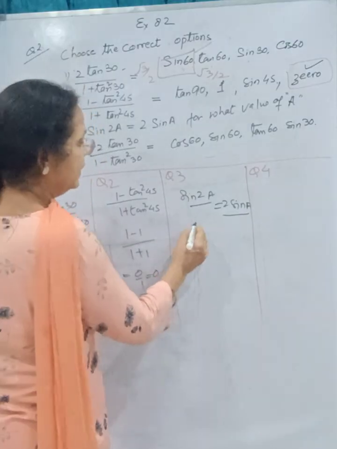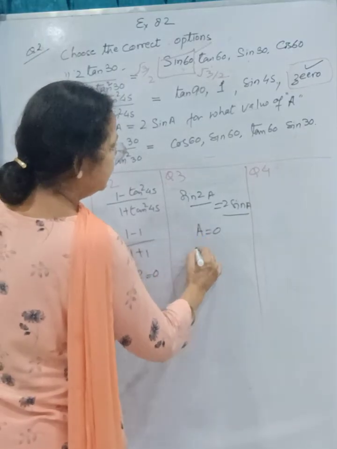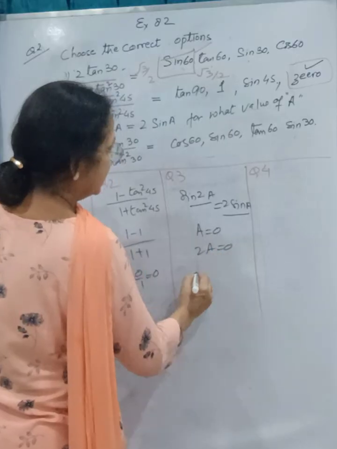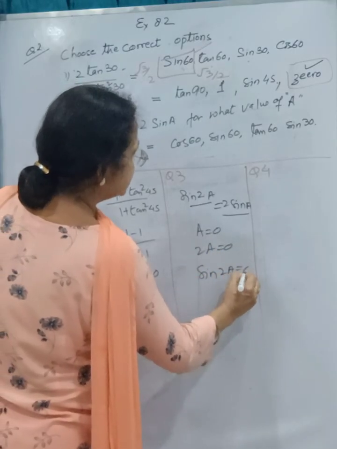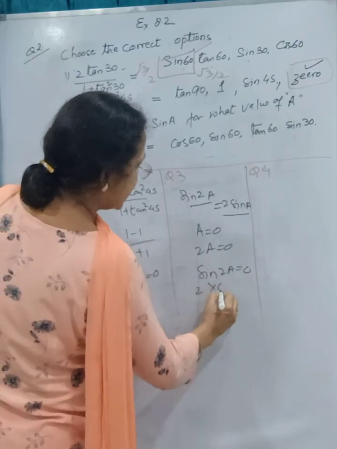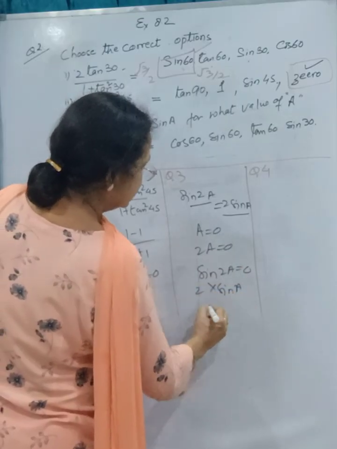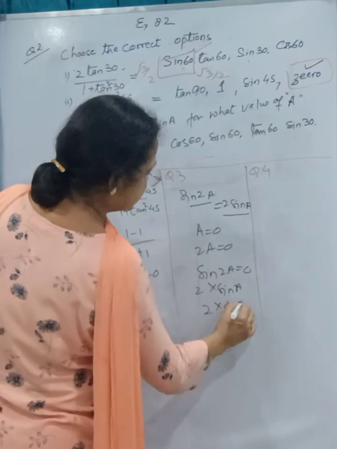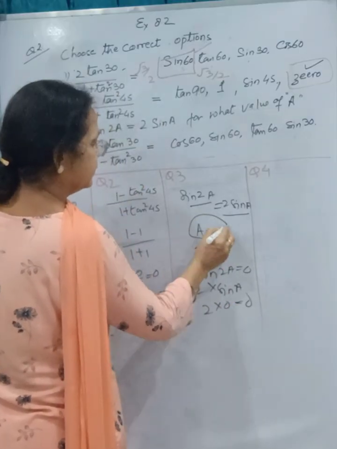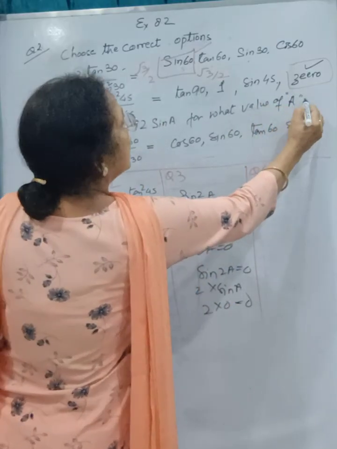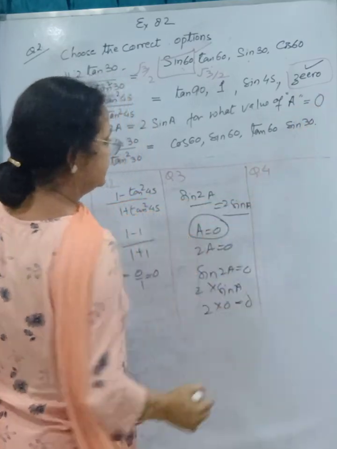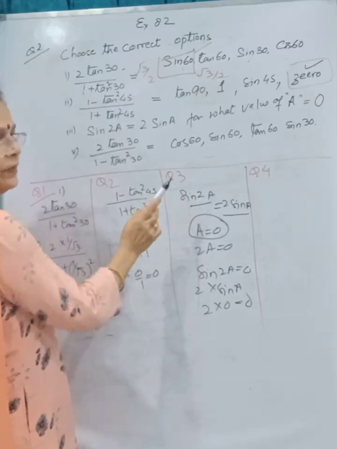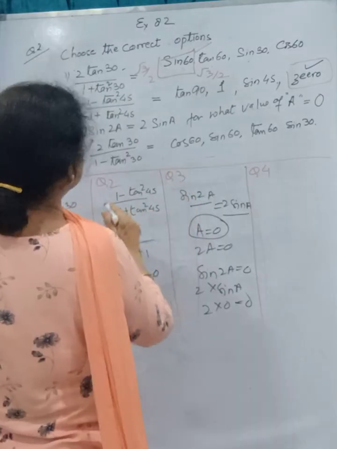When A is equal to 0, then 2A itself will become equal to 0. And hence sin 2A is equal to 0, and 2 into sin A, 2 into 0 itself, is equal to 0. It means this will be 0. Answer A will be equal to 0. Okay. This is the third.